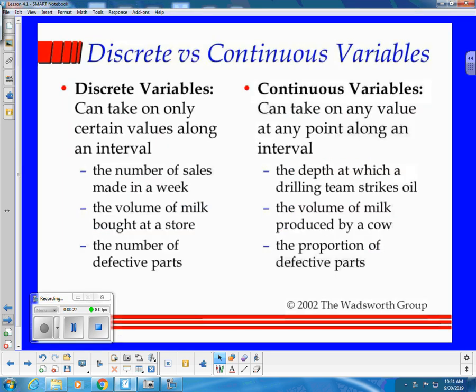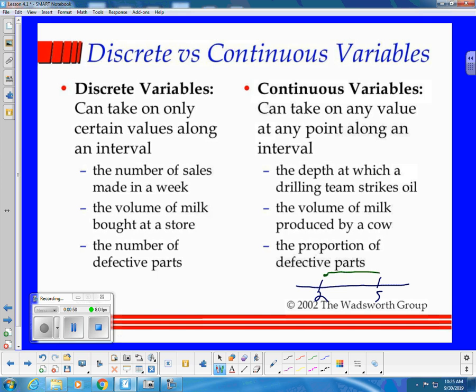So discrete versus continuous. Discrete variables are separated. You can count them. Continuous are things like weights, where it's on a scale and it can be in between numbers. Volumes, that type of thing, where it's not a separate number. If I was looking at a number line, it could be any number in between these two.